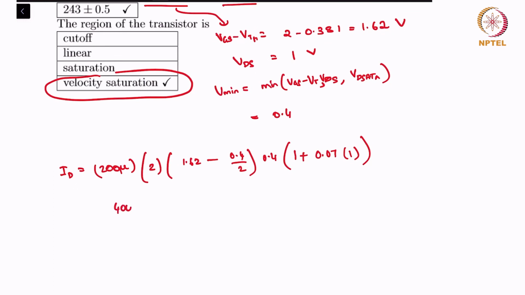Solving for this, we get 400 micro into 1.62 minus 0.2, which is 1.42, times 0.4 times 1.07, which if I plug into the calculator is 400 micro into 1.42 into 0.4 into 1.07, 243.1 microamps.